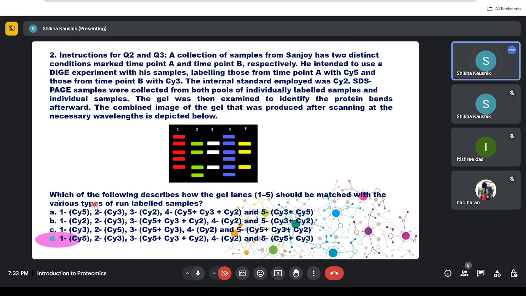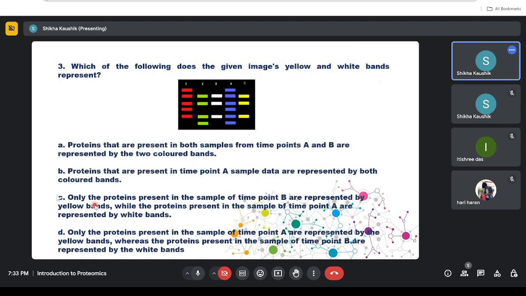Clear? Any doubt? Okay, next question. Which of the following does the given image's yellow and white band represent? Proteins that are present in both samples from time point A and B are represented by the two color bands. Proteins that are present in the time point A sample are represented by both color bands.